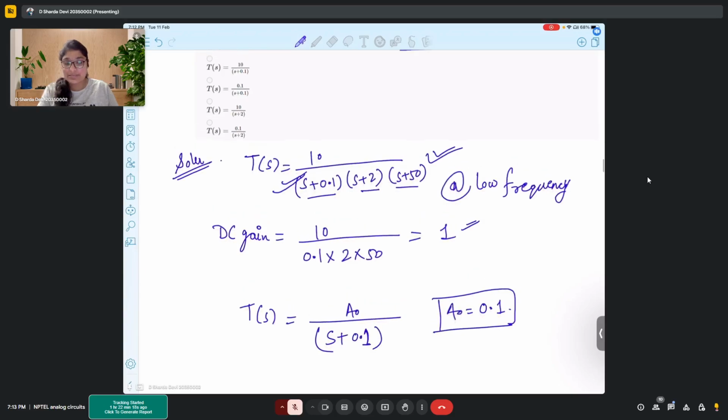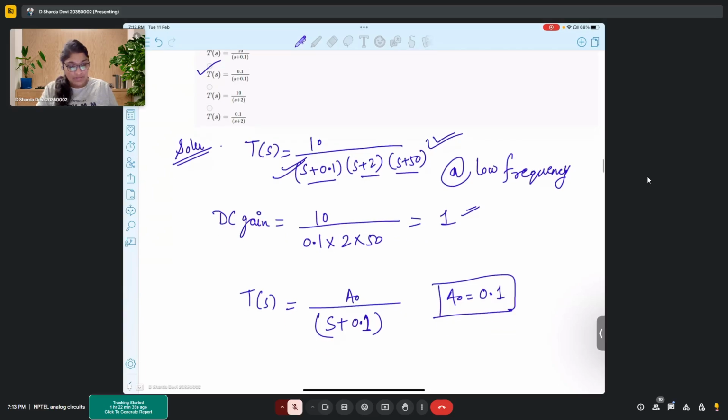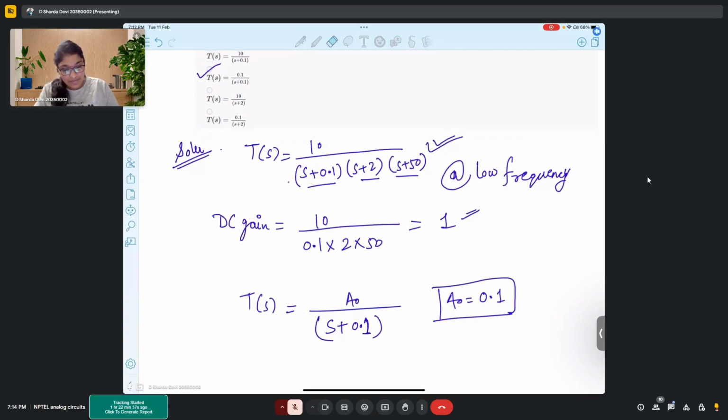Did you understand this? Any doubts? Is this clear? If you have any doubts, please unmute yourself and ask.